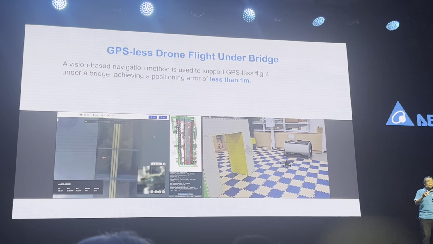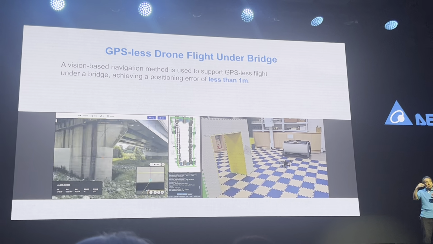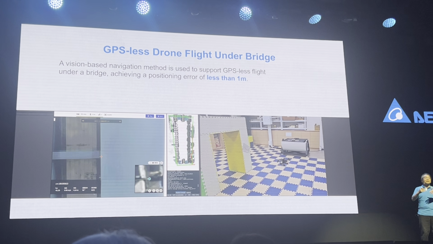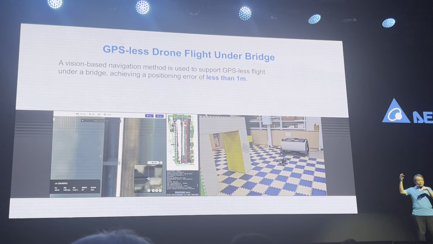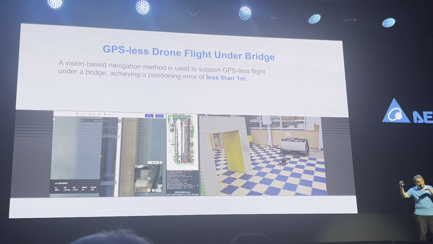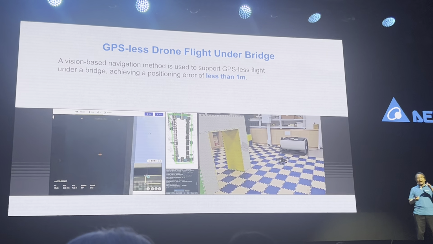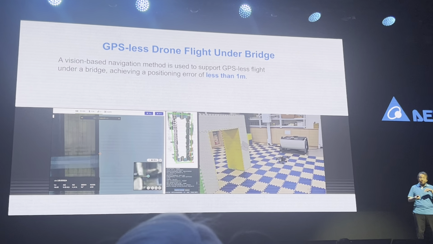There are a lot of systems that can fly a drone autonomously without human intervention along a predefined path. But we need to do this even when the drone is flying under the bridge, where the GPS signal is not available. So why is this important? When a drone flies, it needs positioning information of itself, which is typically provided by the GPS signal.